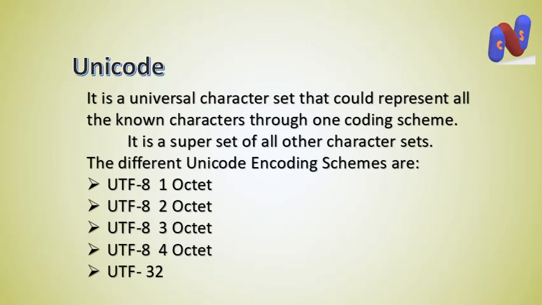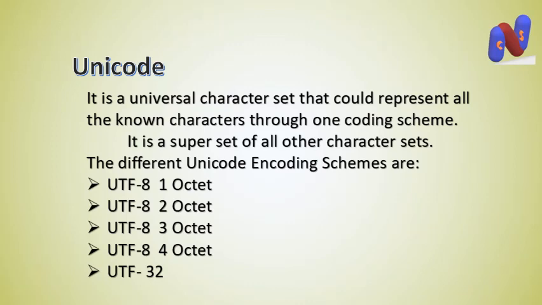In different countries different languages are used, and the scripts are also different. But when we focus on globalization, we realize there is a need for a single character set by which we can represent all types of characters of the world.